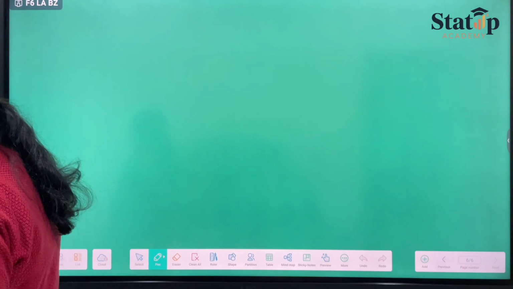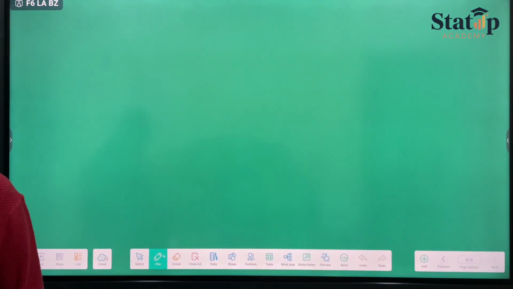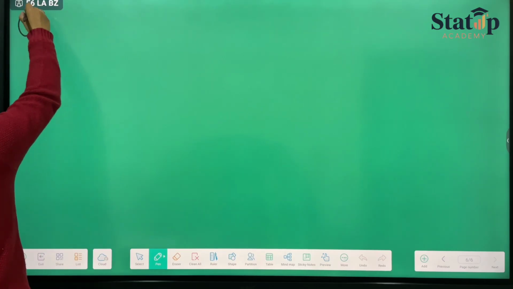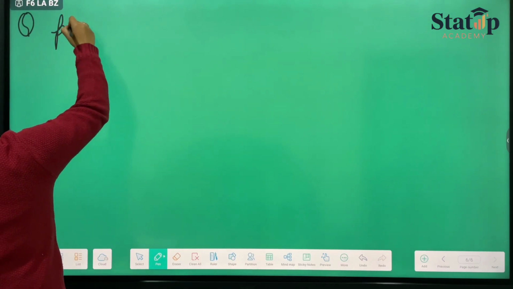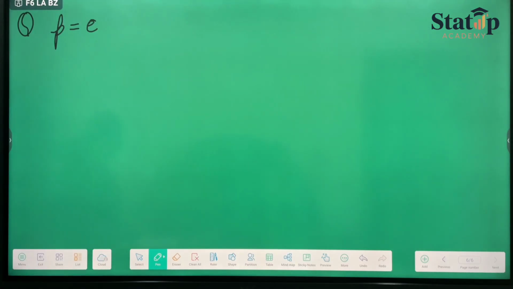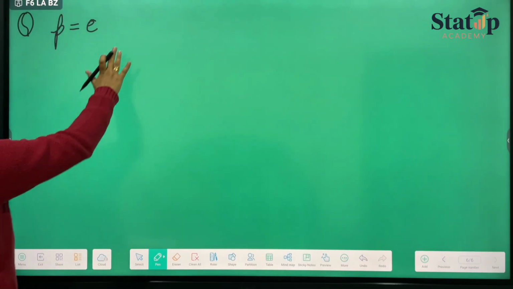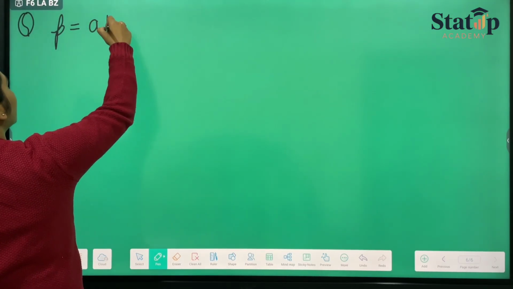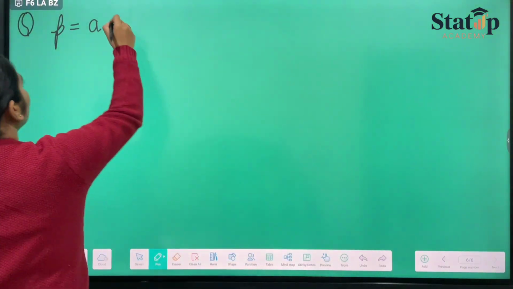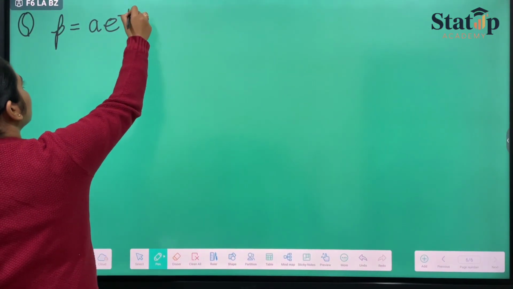Now moving on to the next question. The price function is again given to us as p equals a into e raised to the power minus kx.